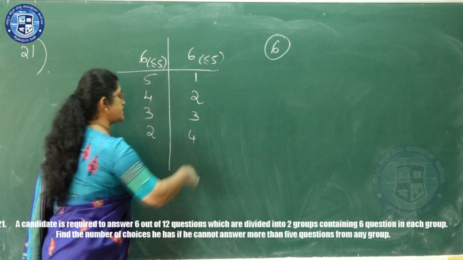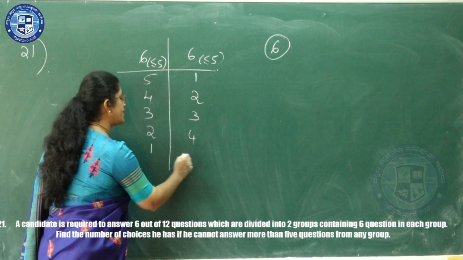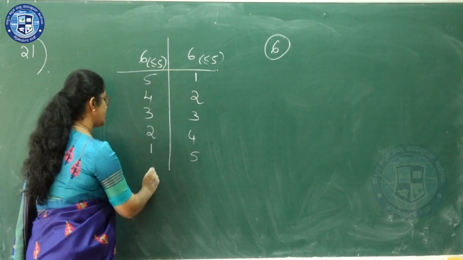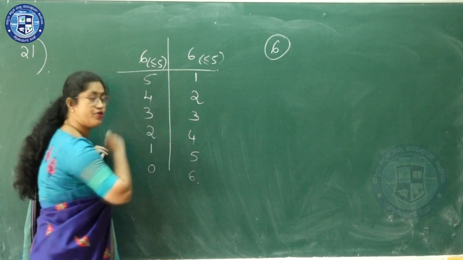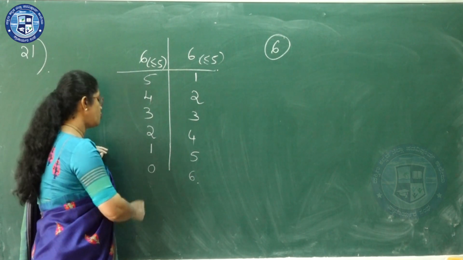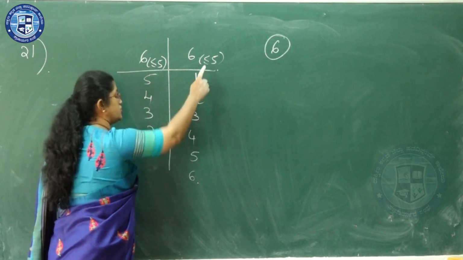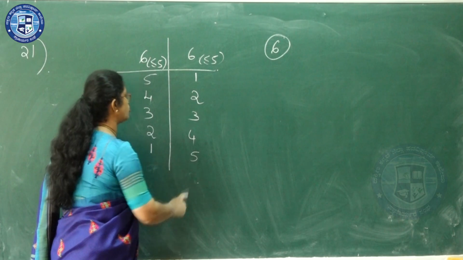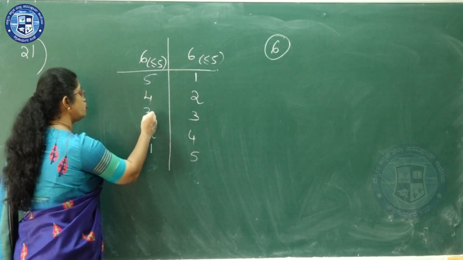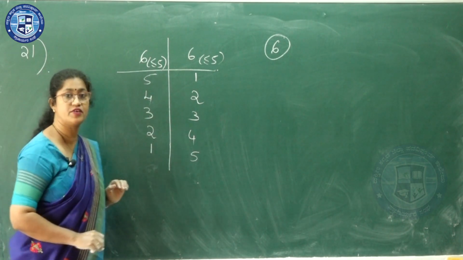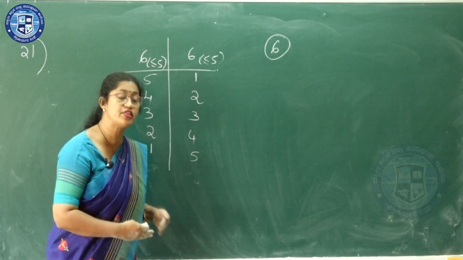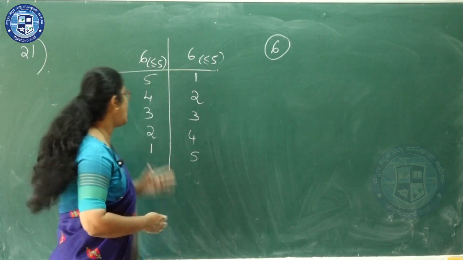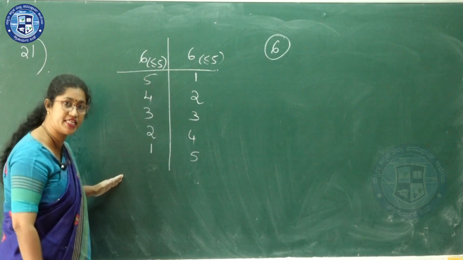To make it 6, it is 4. If it is 1, it is 5. Can I write 0? If it is 0, it will be 6 here, but that's not possible because it should be less than or equal to 5. So this is not possible. 1, 2, 3, 4 and 5. First case or second or third or fourth or fifth. I will write the calculations directly for you.